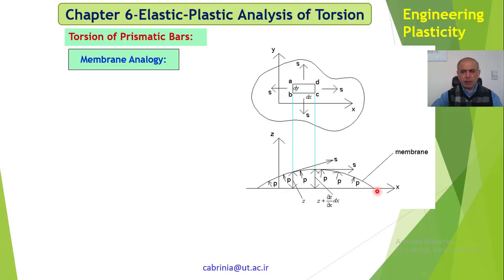This membrane is flexible, so when we put pressure on it, because it's very thin and relatively flexible, it moves like that. It forms a dome-like shape. So this S is the tension on the surface of the membrane, and this P is the pressure. X, Y, Z are the Cartesian coordinates.